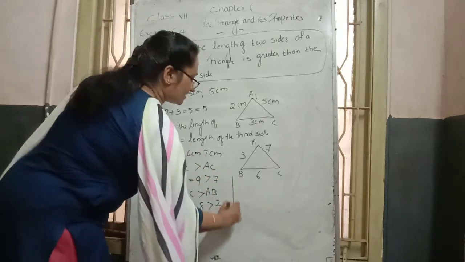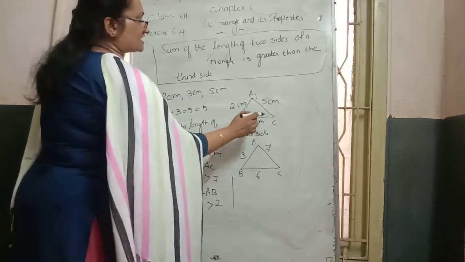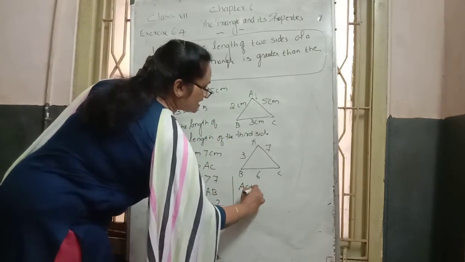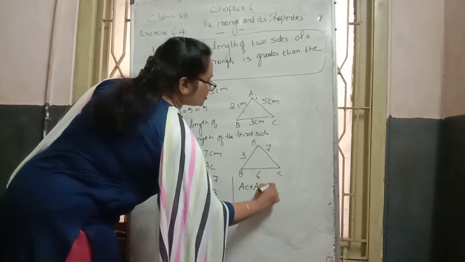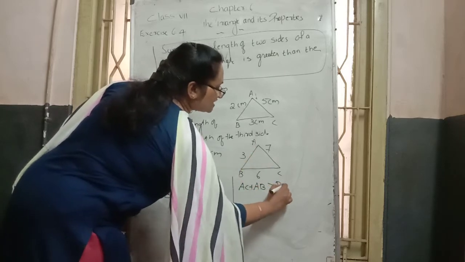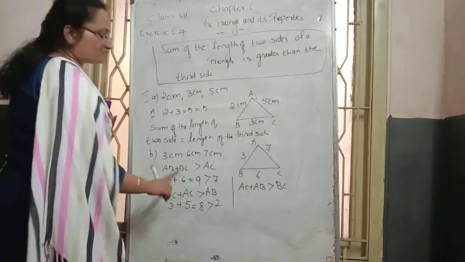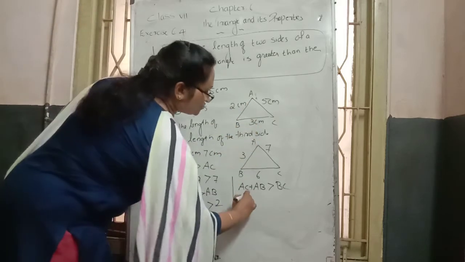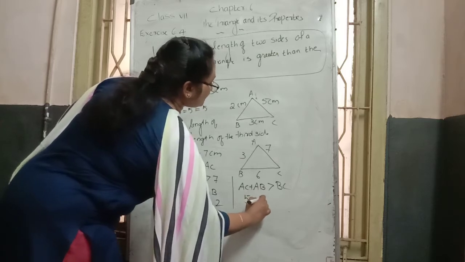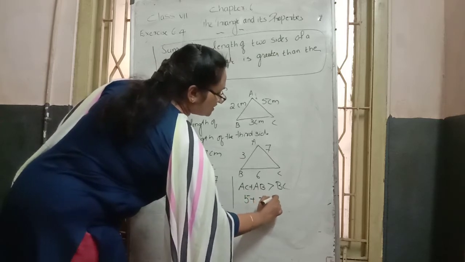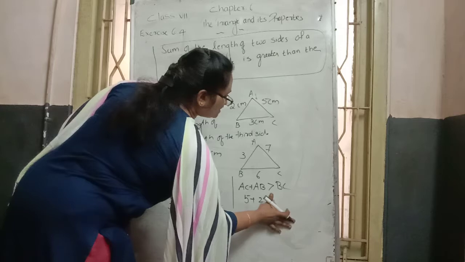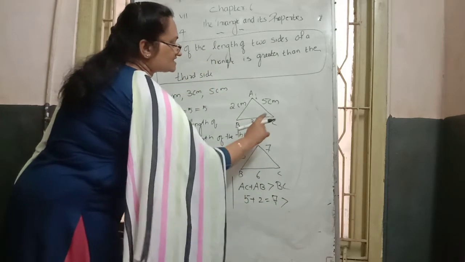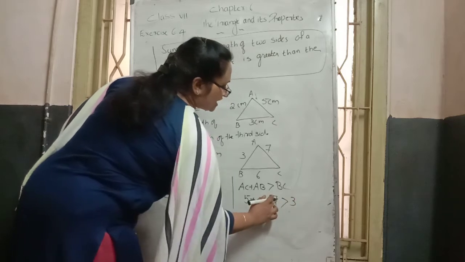Another way is there. Next we can take the AC and AB sides, the sum of those two sides. AC plus AB is greater than the third side, which we consider as BC. Is it greater? AC is 5, AB is 2. 5 plus 2 becomes 7. 7 is greater than the third side BC, which is 3.